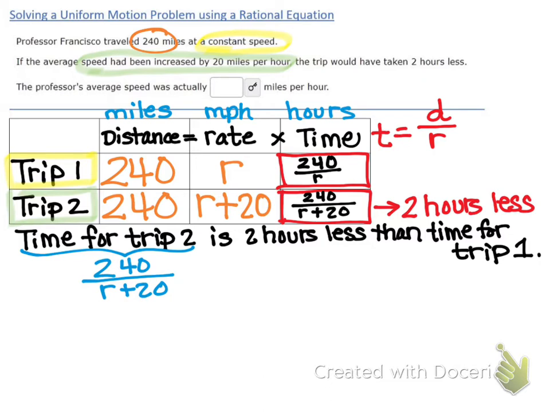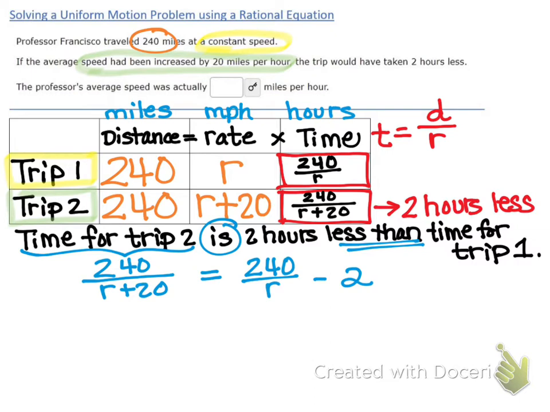That is, which means that's where our equal sign goes, 2 hours less than the time for trip 1. So we first write our ratio for the time for trip 1, and from that we subtract 2. That shows us that it's 2 hours less than the time for trip 1.